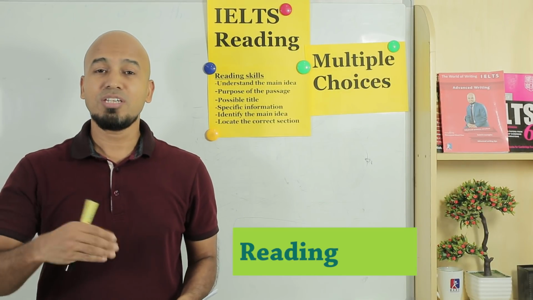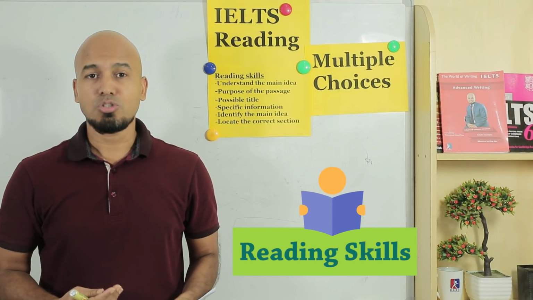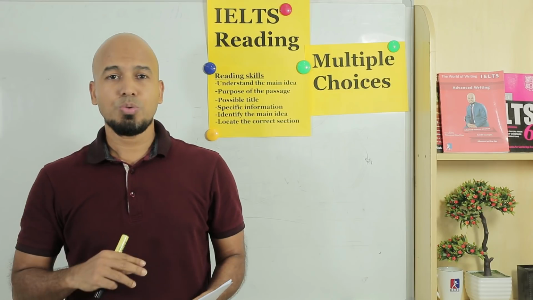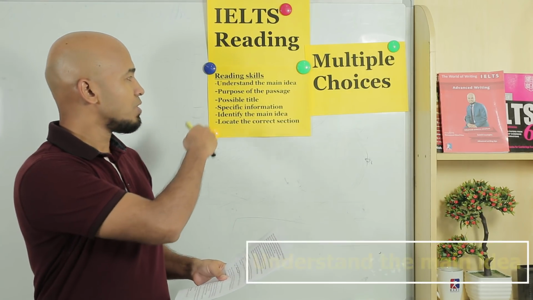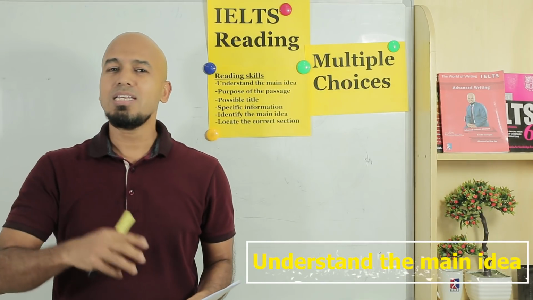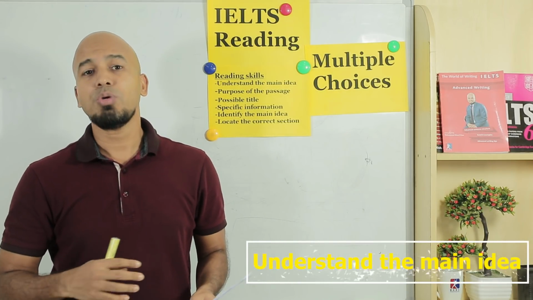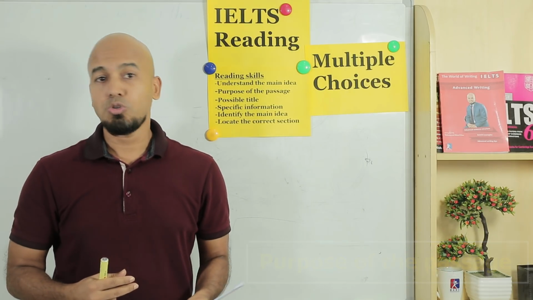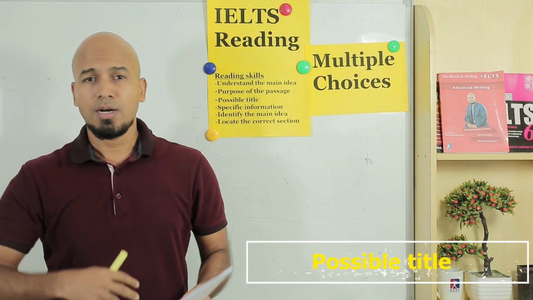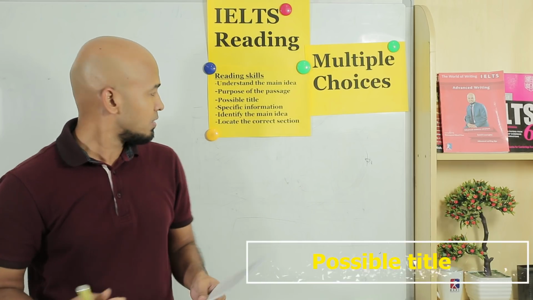Let's see what reading skills we need to solve multiple choice questions. To solve this type of question, we have to understand the main idea of the whole text, so that we understand the purpose of the text and what could be the possible heading of the text.